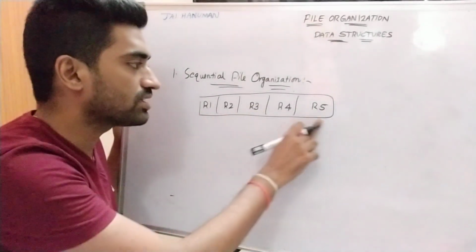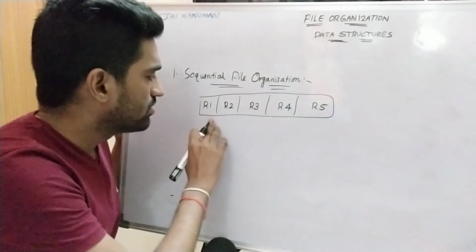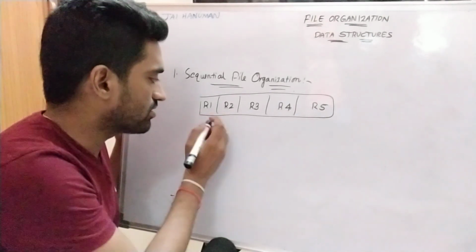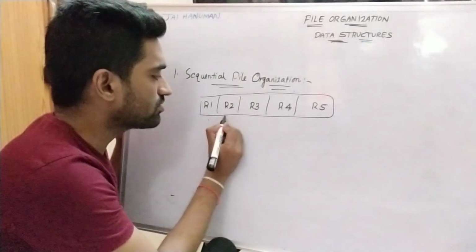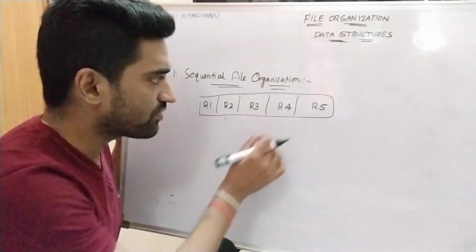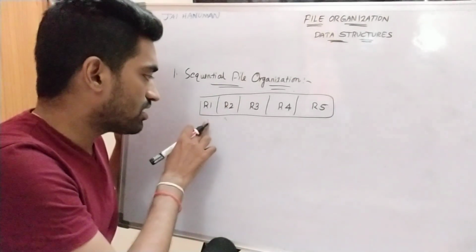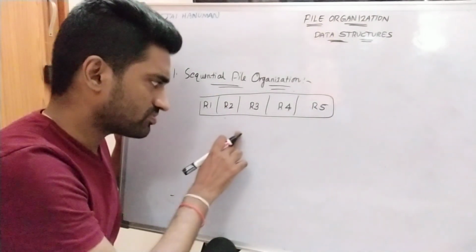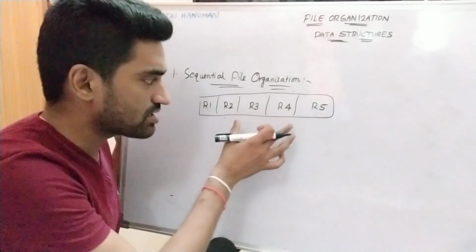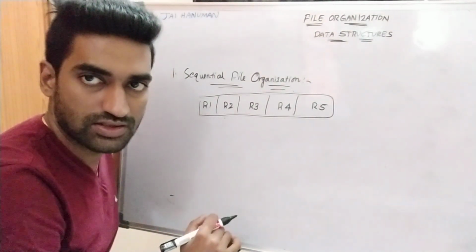Why? Because all the records are arranged in a sequential manner. So searching starts from the starting of the file, R1 to R2, R2 to R3, R3 to R4, R4 to R5. But suppose I want to search the R4 record in this file: searching starts from R1 only, R1 to R2, R2 to R3, R3 to R4, right? That is the searching process to search a record in sequential file organization.